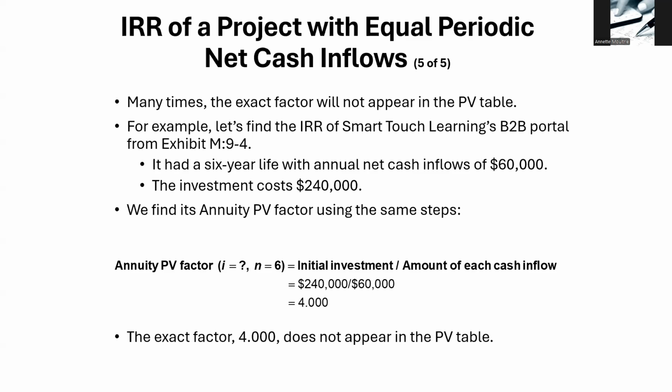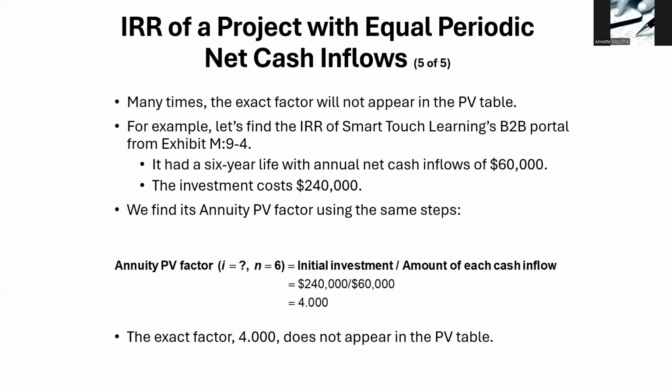Now, many times the exact factor will not appear in that table. For example, if we want to find the IRR of the Smart Touch Learning business-to-business portal from the previous exhibit 9.4, recall that the business-to-business portal had a 6-year life with annual net cash inflows of $60,000.